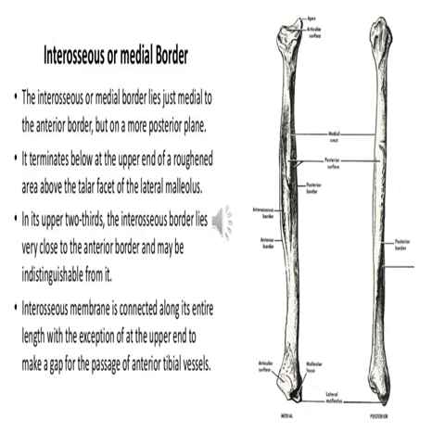Like that, here also in the upper end there is a gap for the passage of the anterior tibial vessels to the anterior compartment. So that is about the interosseous border, which provides attachment to the interosseous membrane, and it is very close to the anterior border and indistinguishable from it in the upper two-thirds.